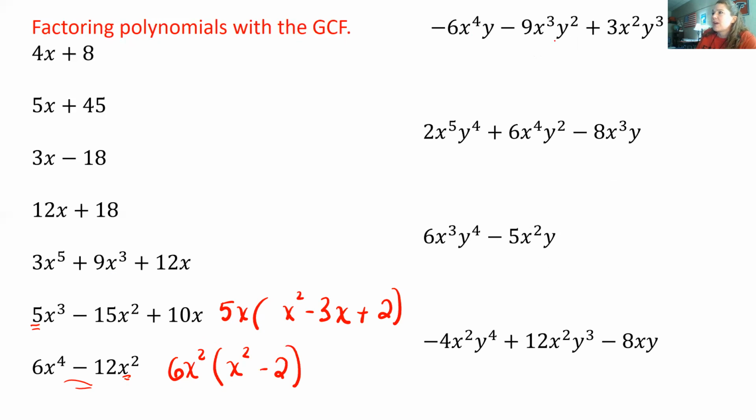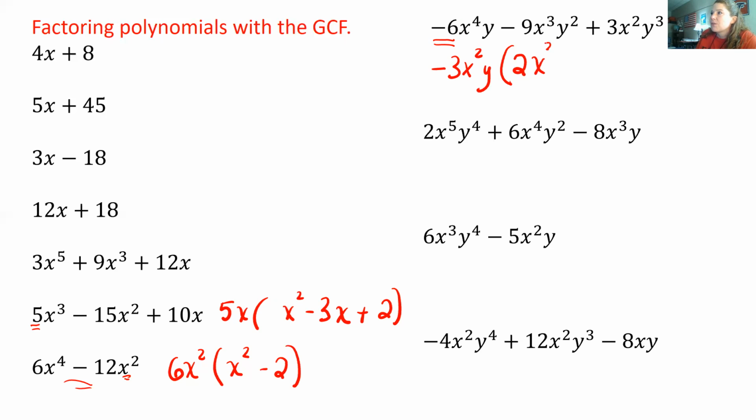All right, let's look at these. So first we're going to find the greatest common factor as far as a number goes. And one thing you always want to make sure of is this leading coefficient, when it's written in standard form, you want it to be a positive number. So you're going to factor out a negative number to make this leading coefficient positive. So I'm going to pull out a negative 3. I'm going to pull out 2 x's, and everything has at least one y. So negative 6 divided by negative 3 is positive 2.